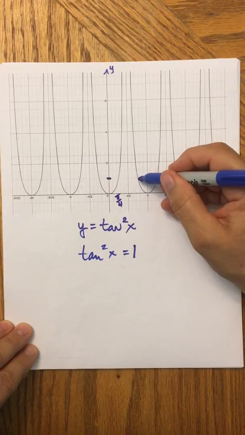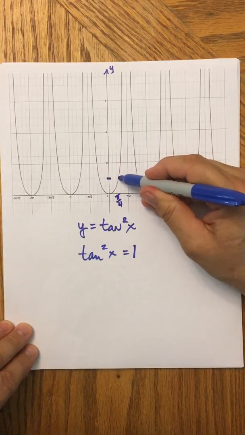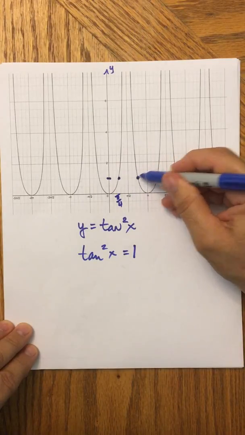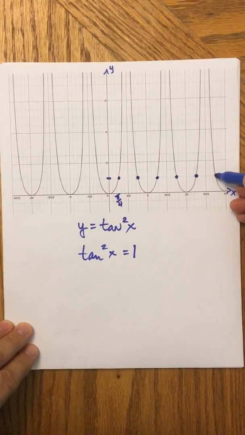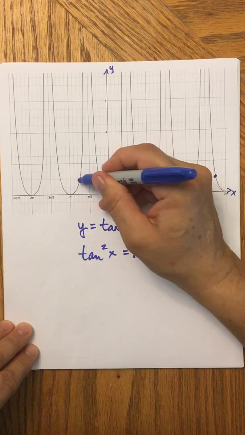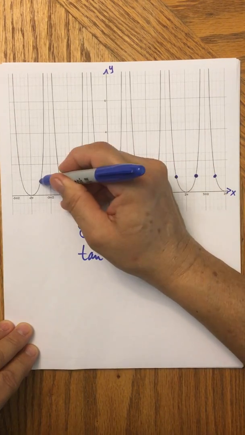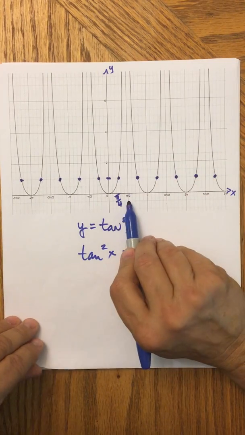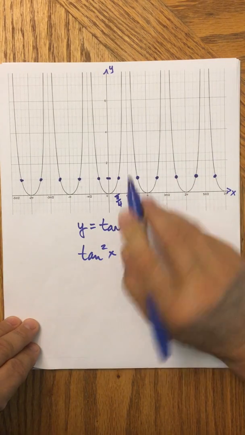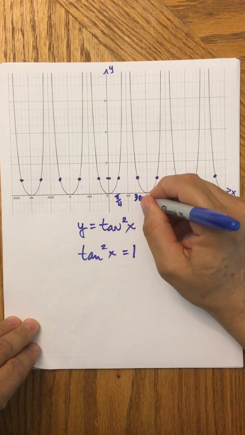Well, what about here is another one. So we've got it here, here, here, here, here. These are all my solutions coming out. So when I look here, this one is in the middle between pi over 2 and pi. So that looks like 3 pi over 4.